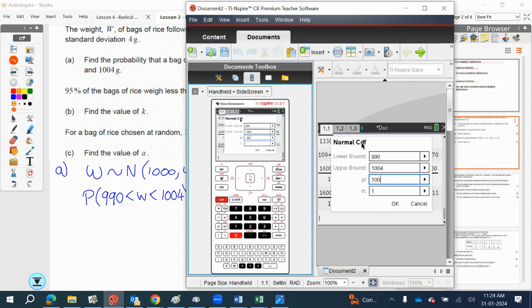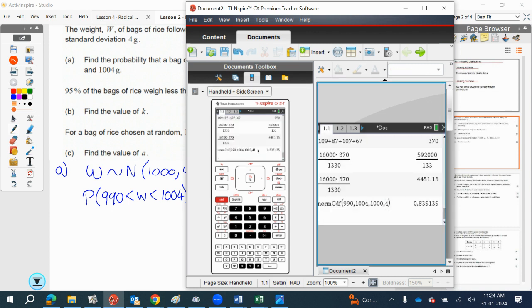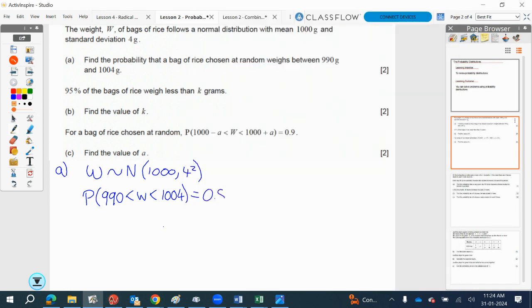Here we put in the mean, but here we put in the standard deviation, just 4. We get 0.835. So when you note it on your paper, write this down using the correct notation. You have to have the correct notation on the exam to get the method point.